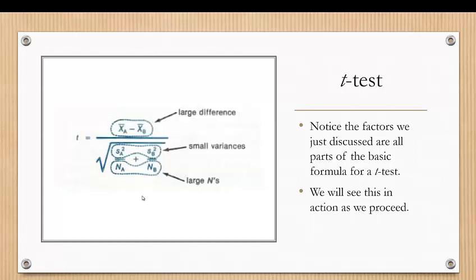And then in the denominator, we have the square root of the variance of A over n of A plus the variance of B over n of B. So the smaller variances and larger n's. All of these things are conceptual, but as we work through this, we'll explain them in more detail.